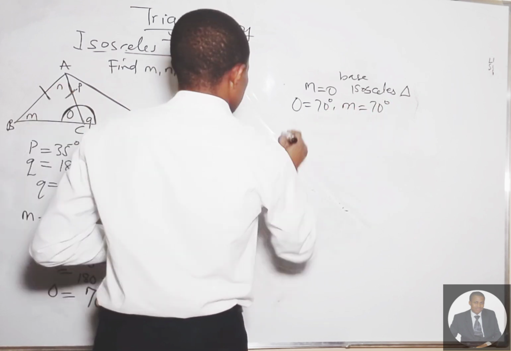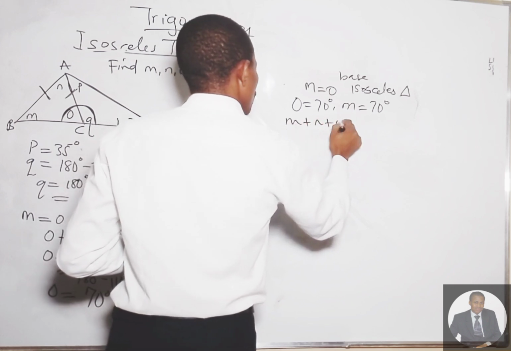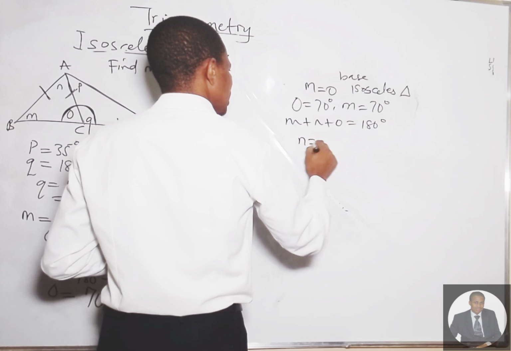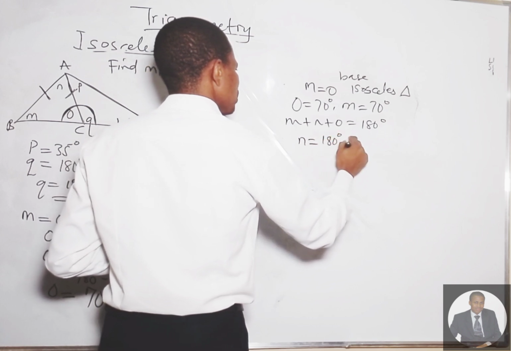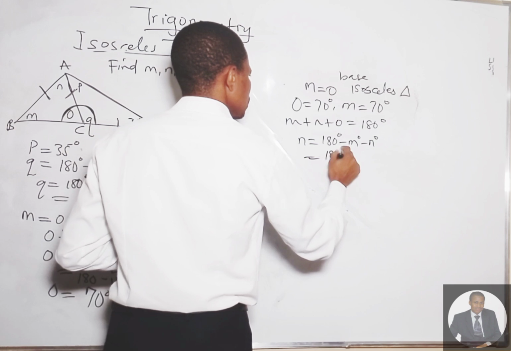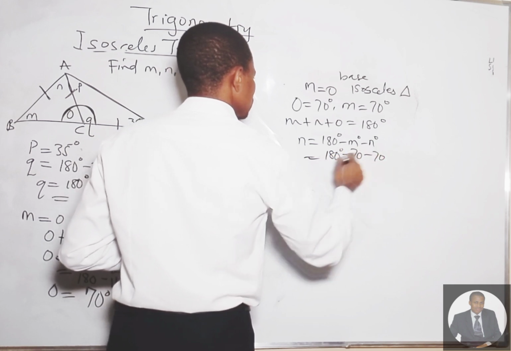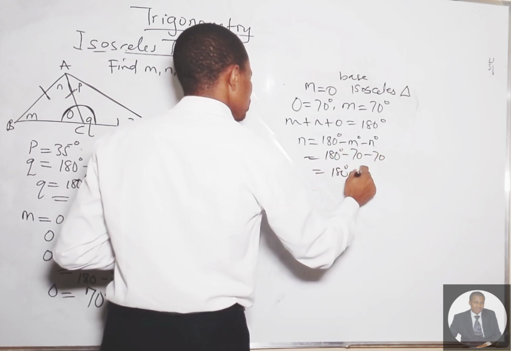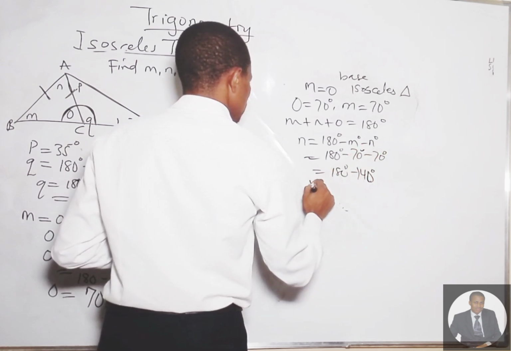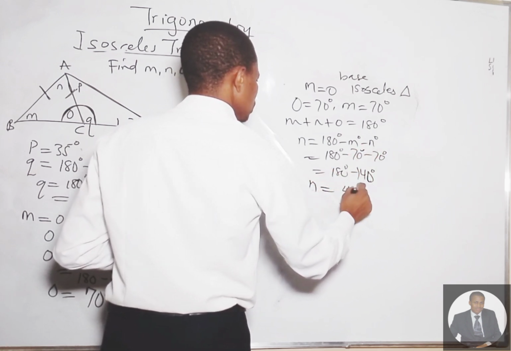Now, M plus N plus O equals 180 degrees. So how do we find N? N will be 180 degrees minus M degrees minus O degrees. That will be 180 minus 70 minus 70. That will be 180 degrees minus 140 degrees. So it means that our N will be 40 degrees.